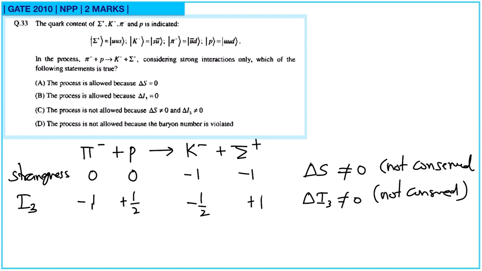So that means both strangeness number and isospin I3 are not conserved here, and they are conserved in strong interaction. So in case of strong interaction, S and I3 are conserved. So here option C will be correct. The process is not allowed because delta S is not equal to 0 and delta I3 is not equal to 0.